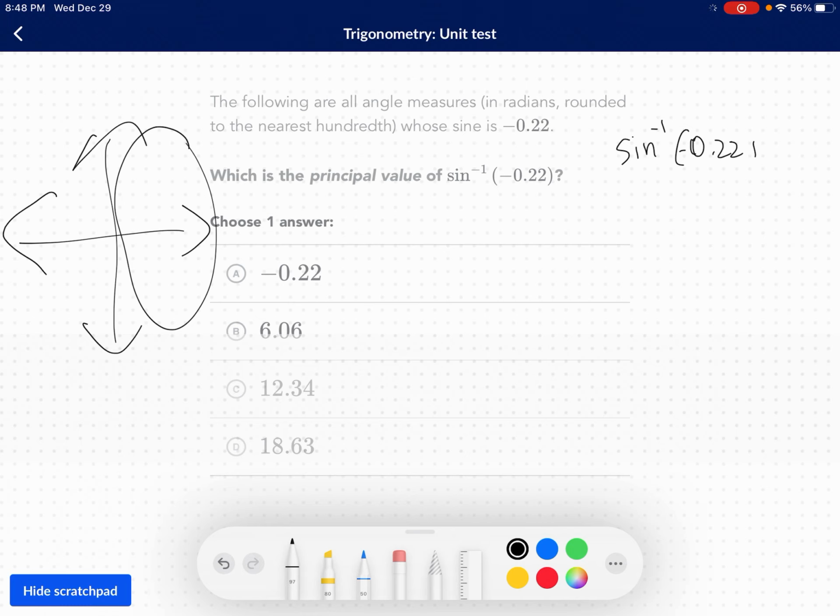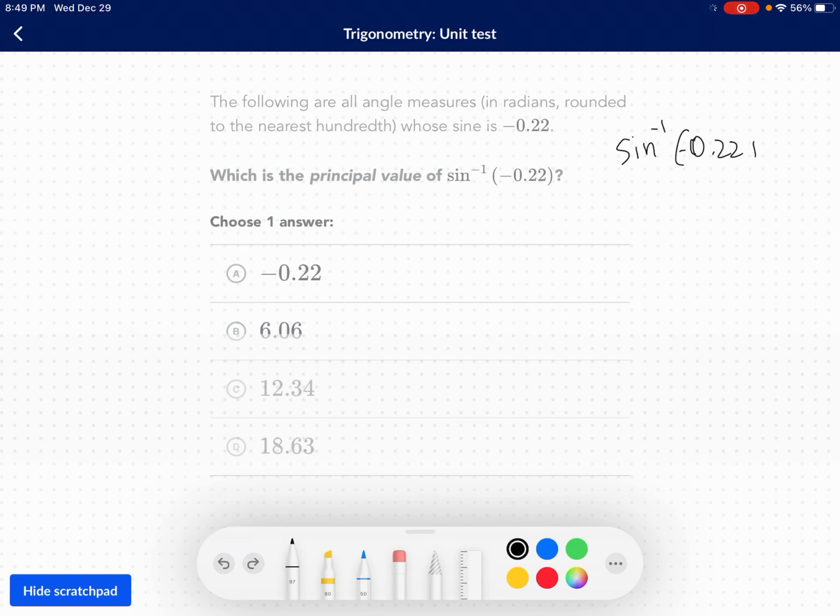Sine is the y value. Yeah, those two quadrants. So you don't have to add 2 pi n here. So for the first solution it's just the inverse sine of this value, which is about -12.7 degrees.